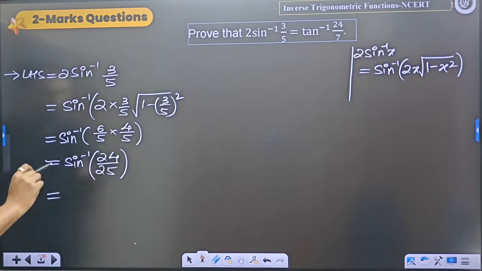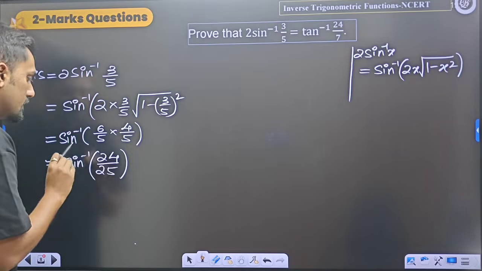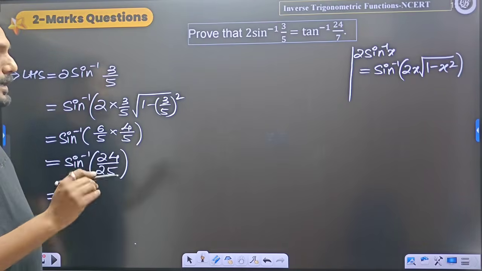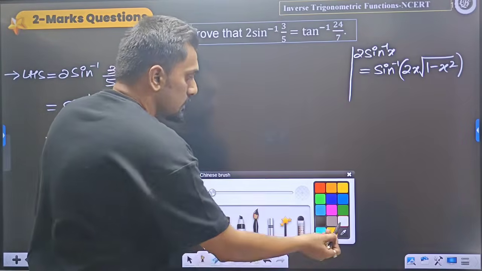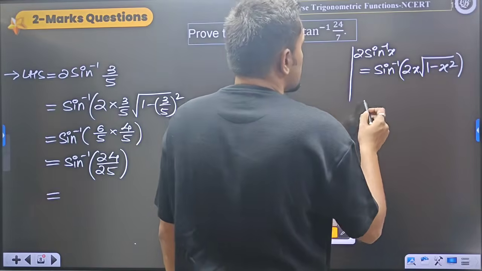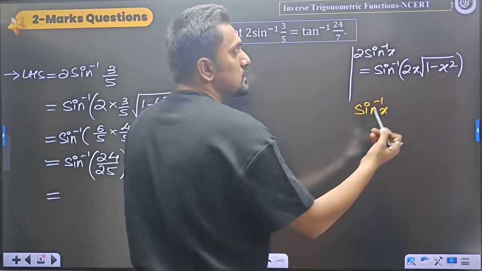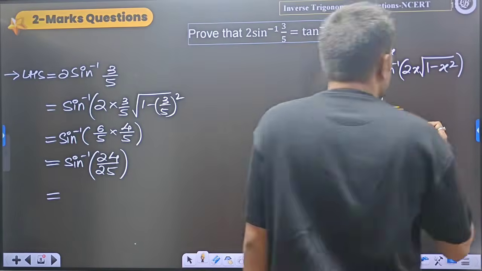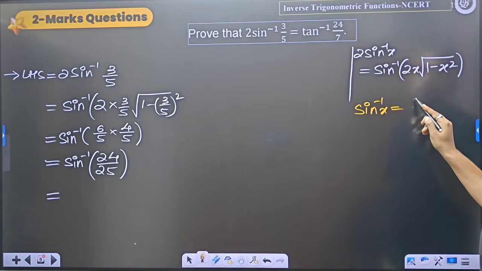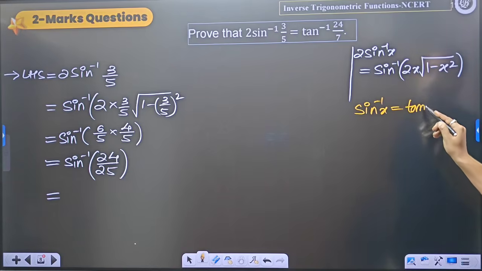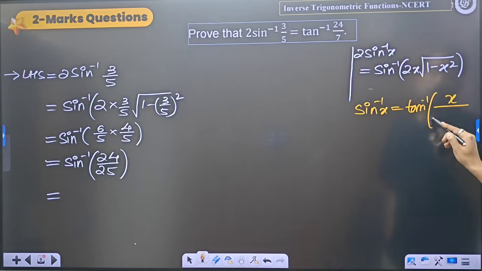So again, I need to convert this sine inverse in terms of tan inverse. For that, I will use one more standard result, that is sine inverse of x is equals to tan inverse of x divided by root of 1 minus x square.